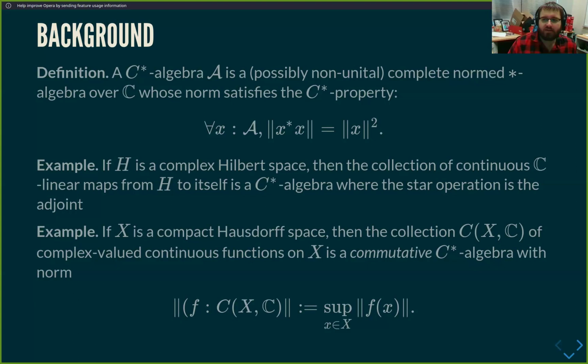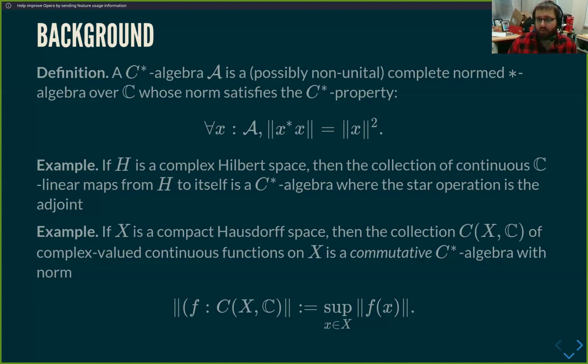So just some background for people who are not familiar with operator algebras, which maybe it's been a long time since you've dealt with them, or maybe you've not had a course in them yet. I'm just gonna give you a little bit of background. A C-star algebra is a possibly non-unital, complete normed star algebra.